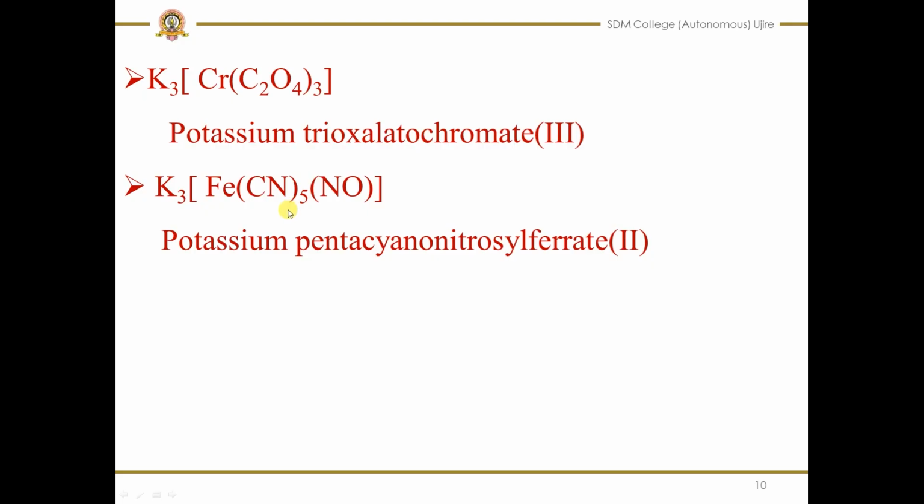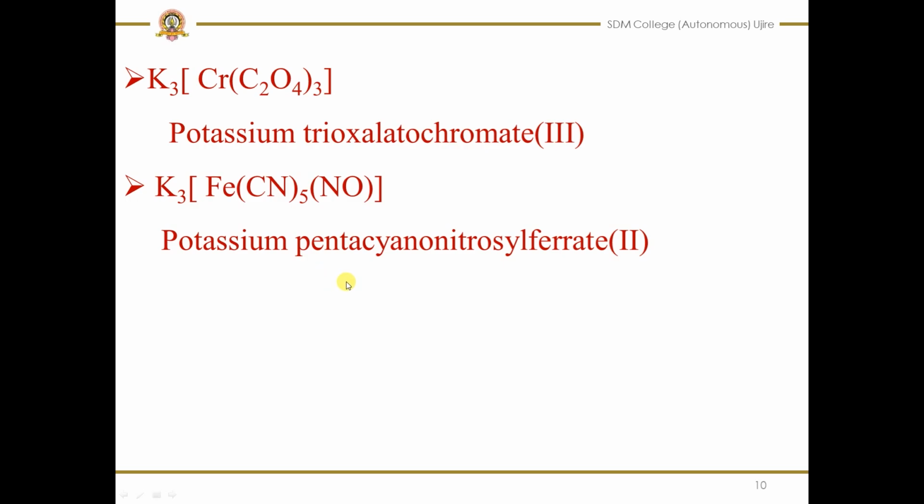And NO is one more ligand attached to the central metal atom. It is a neutral ligand, so nitrosyl, and since the charge on the complex is negative, the name of the central metal atom ends with the letters ATE. So, the name of this complex is potassium pentacyanonitrosylferrate(II).